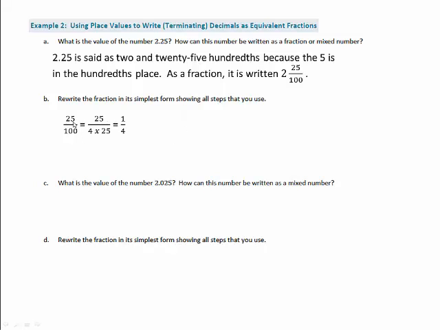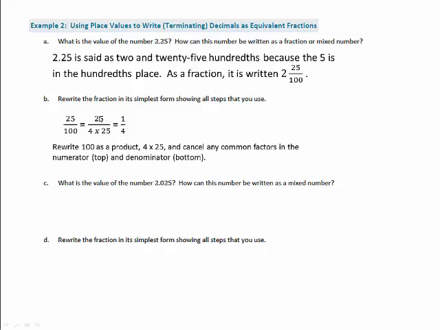So if I rewrite 25 hundredths as 25 on the top and 4 times 25 on the bottom, I can see that I could divide both parts by 25 and get 1/4. Or I can show it as canceling common factors. So I can cancel the 25s that are the factors on the top, the numerator, and the bottom, the denominator, and I get 1/4. Therefore, I can rewrite 2 and 25 hundredths as 2 and 1/4.